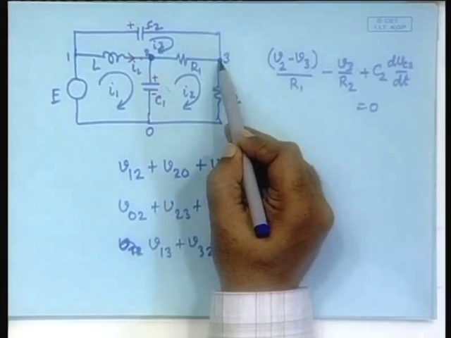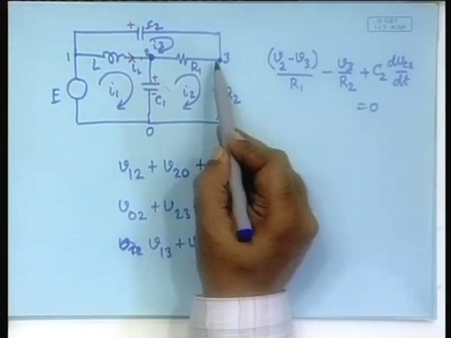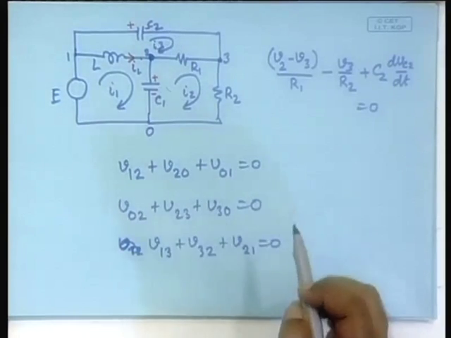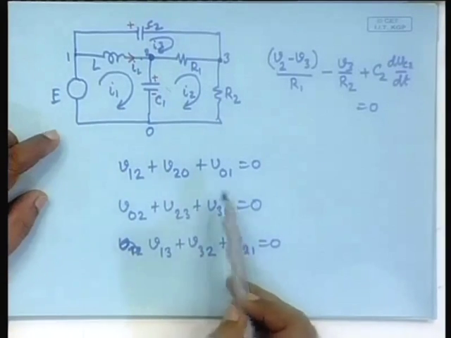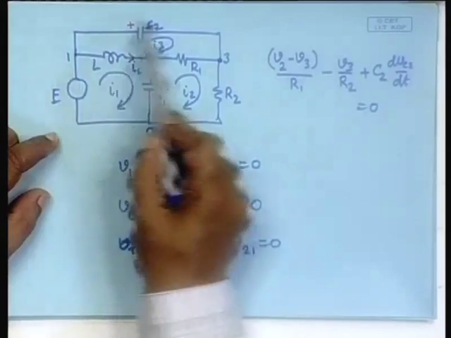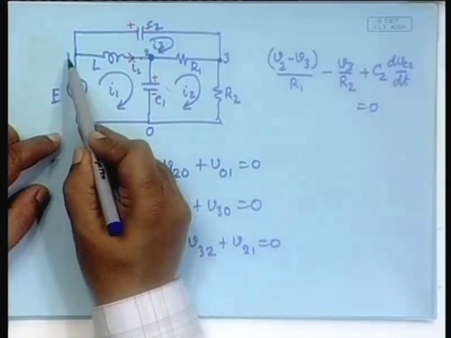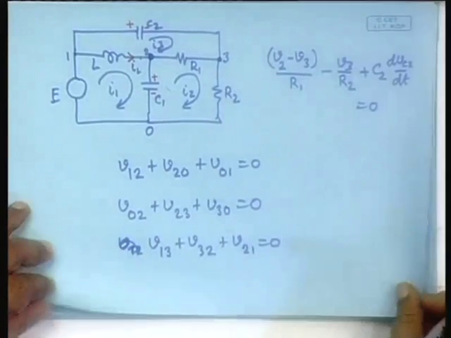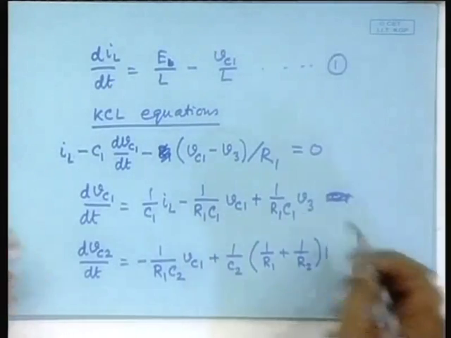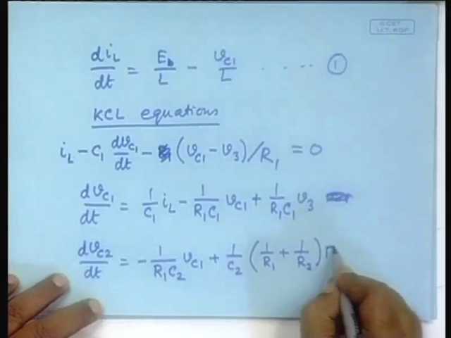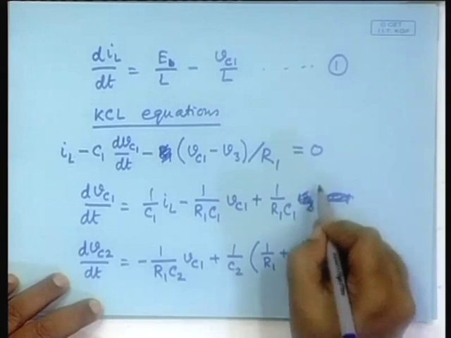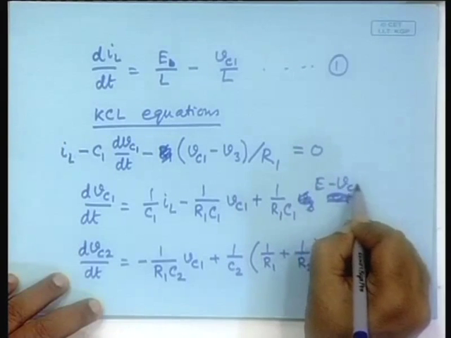It will be easier to extract from this equation, this one, yes. E minus Vc2 is this. So, we can extract from there. Good. So, we just substitute it here, it will be E minus Vc2. Here also E minus Vc2.